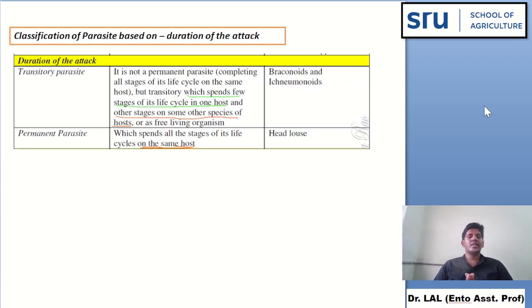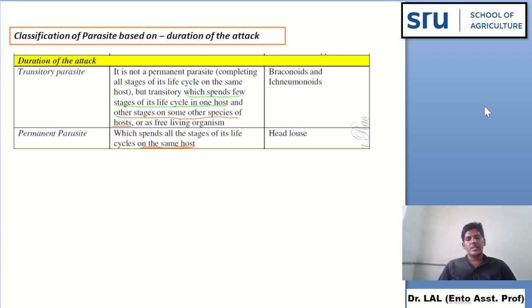Next, classification of parasites based on the duration of the attack. That is transitory parasite and permanent parasite. Transitory parasites spend a few stages of their life cycle on one host and other stages on some other species of host, or they may be free living. Examples: braconids and ichneumonids.